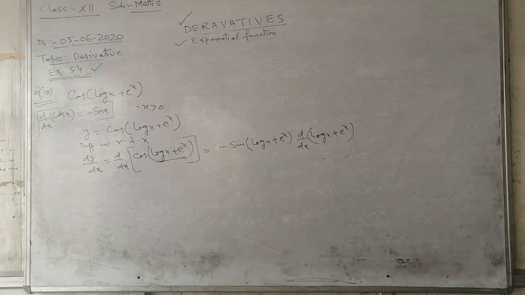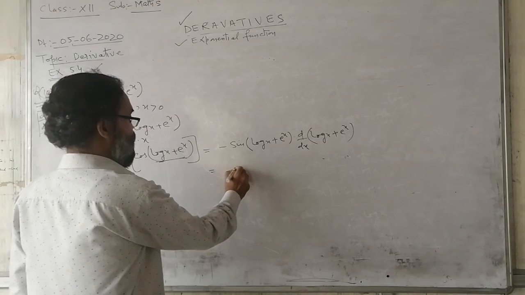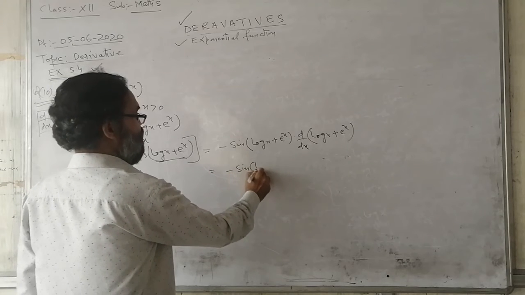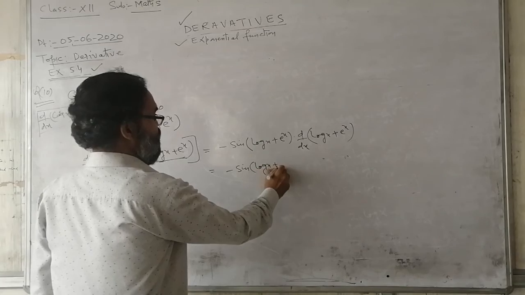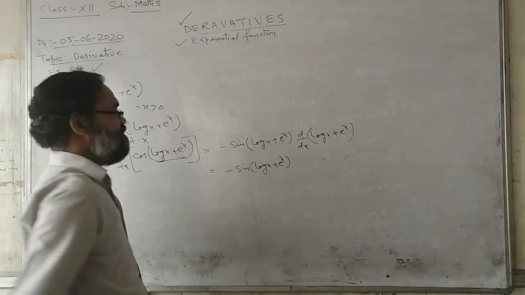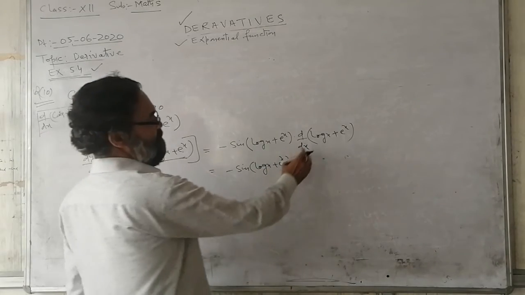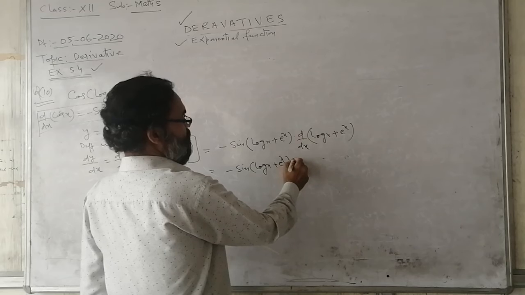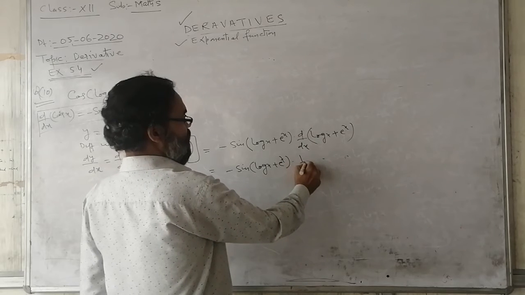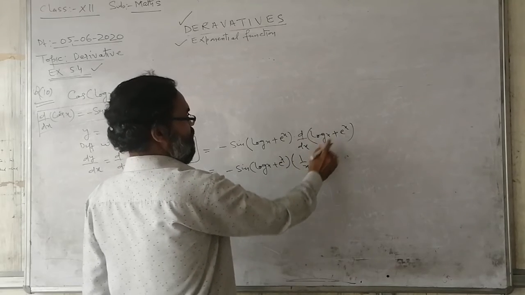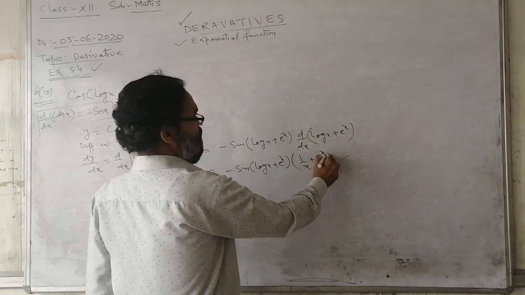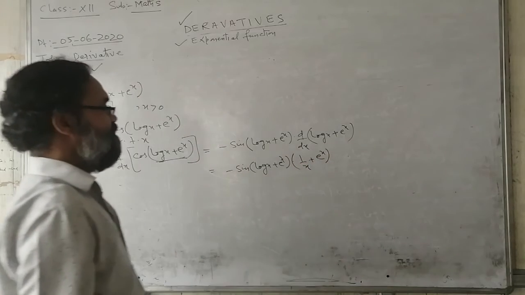So this will be minus sine of (log x + e^x) into the derivative of log x, which is 1/x, and of e^x, which is e^x.